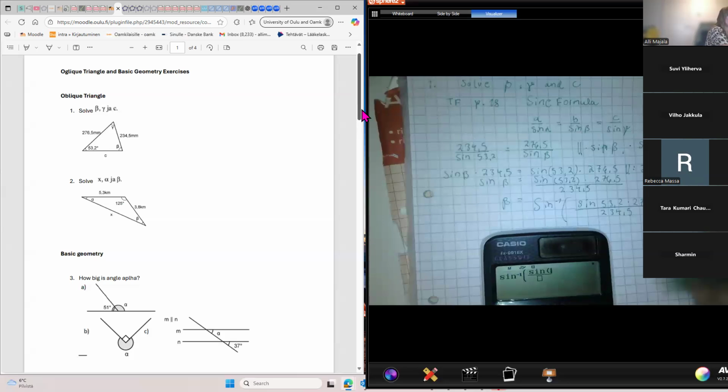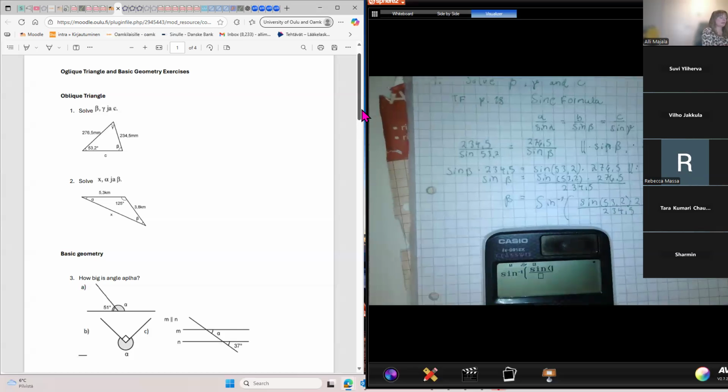Here I can have the brackets so that I know that's only in the sine. And here the other number.